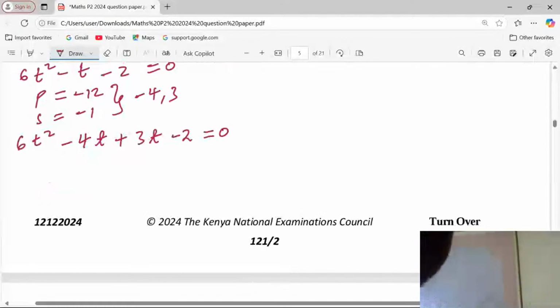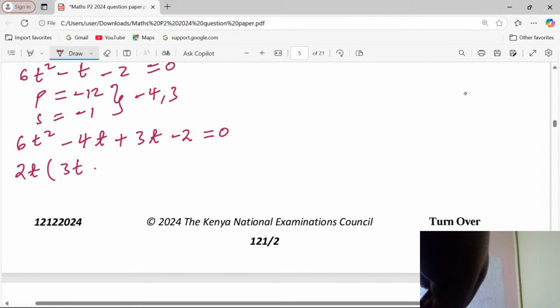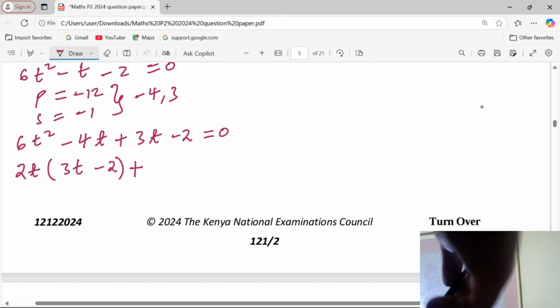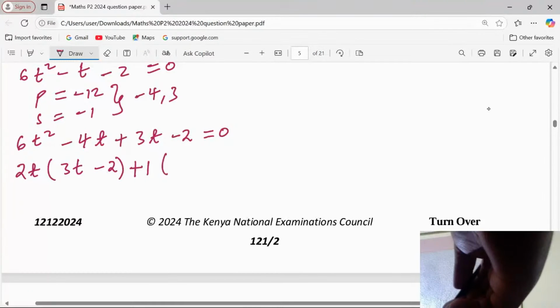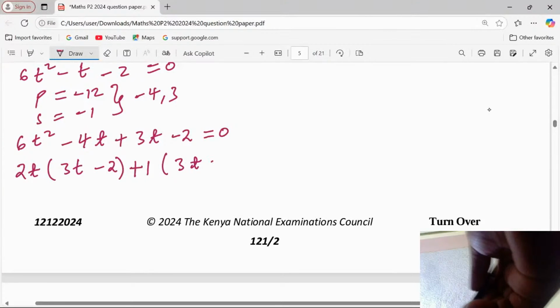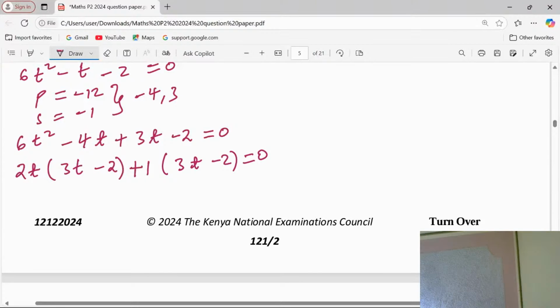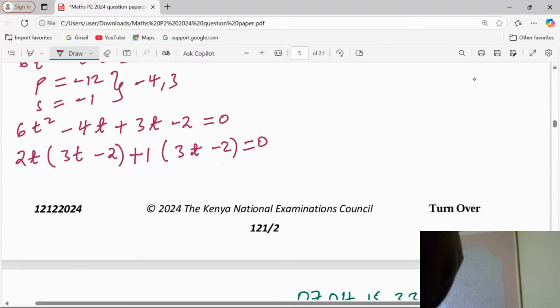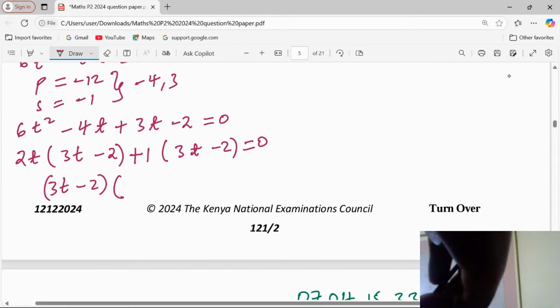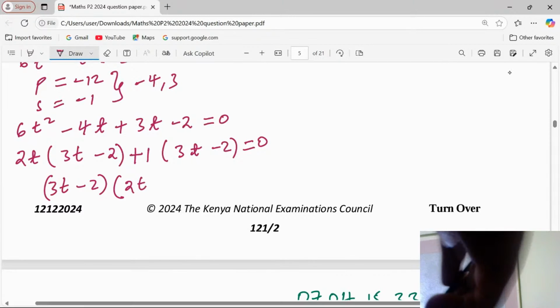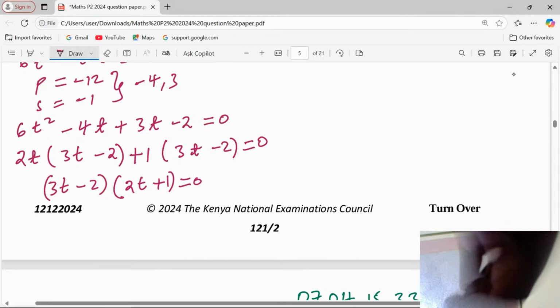In the first two terms, we can factor out 2t, so that will remain with 3t minus 2. Then plus 1 to remain with 3t minus 2 equals 0. The common factor in this case is 3t minus 2. Then outside the brackets, we have 2t plus 1 equals 0.